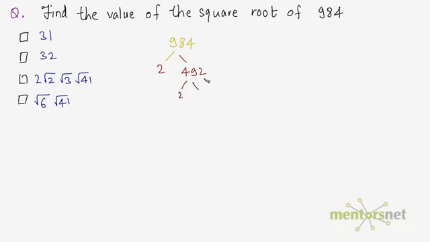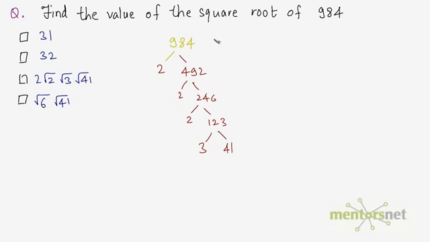So 2 times 246 is 492. Again 2 times 123 is 246. 3 plus 2 is 5 plus 1 is 6. 6 is divisible by 3, so we can divide it by 3. So 3 times 41 is 123. And 41 is a prime number. So you cannot go further.